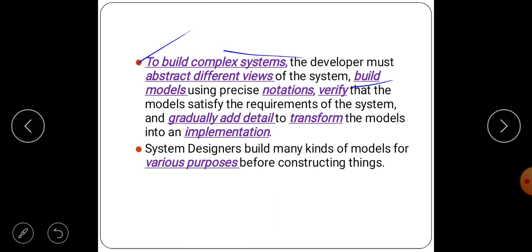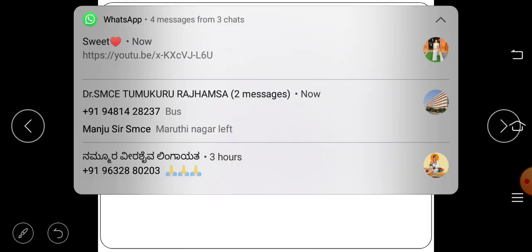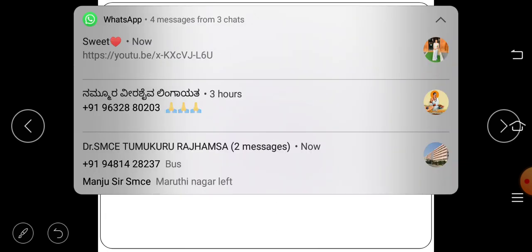Build the model using some notation, and verify that the model satisfies the requirements of the system. So when you are building the complex system, the developer must abstract different views of the system. Means you have to think in different ways.